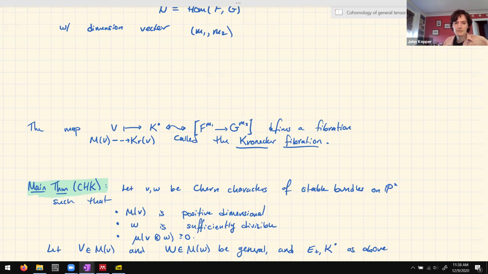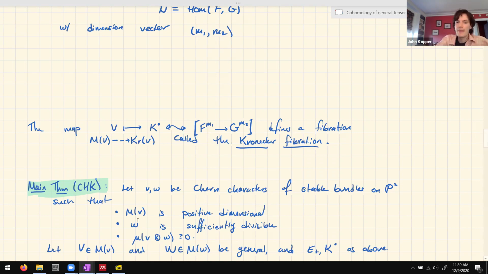I'm going to retain this assumption that one of my characters be sufficiently divisible. And for the ease of exposition, I'm going to assume that the tensor product is non-negative. Of course, if it's negative, I can do Serre duality type things. So this theorem really is going to tell you in every case. So this is just a simplifying assumption.